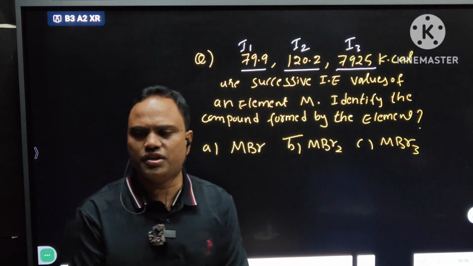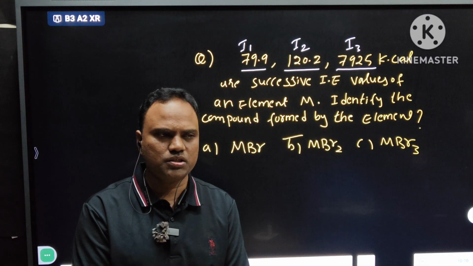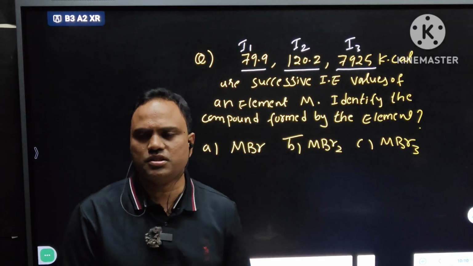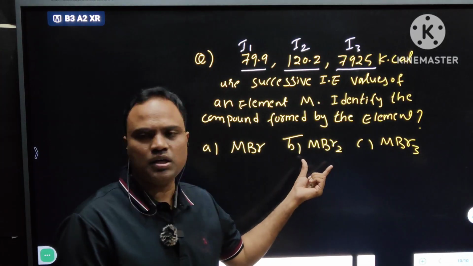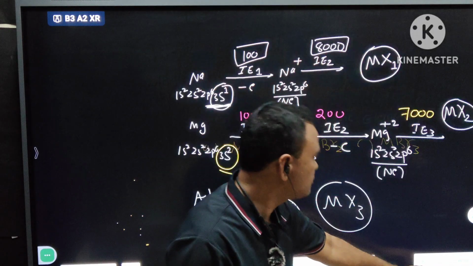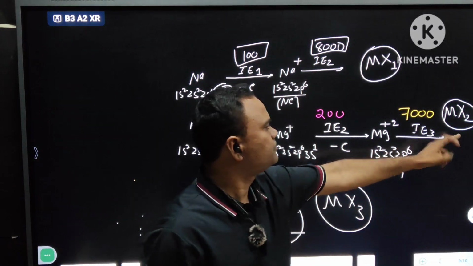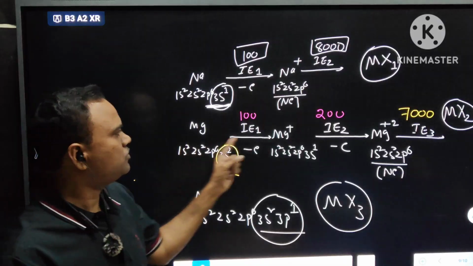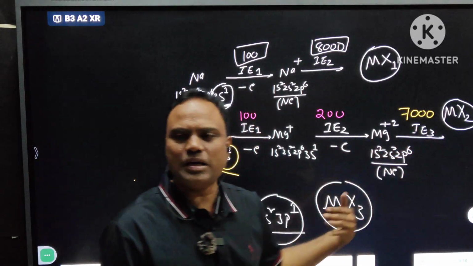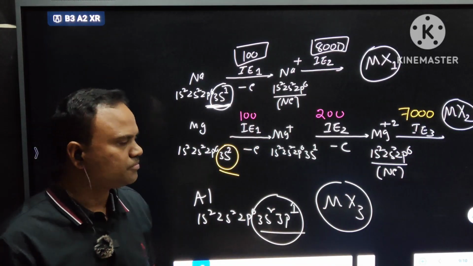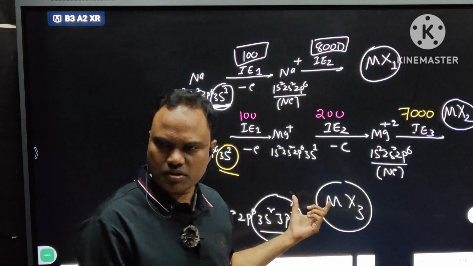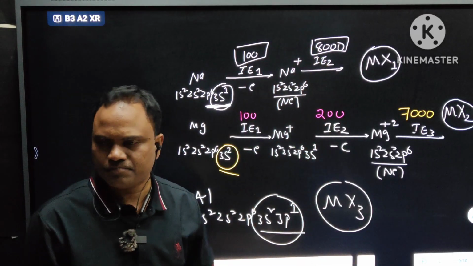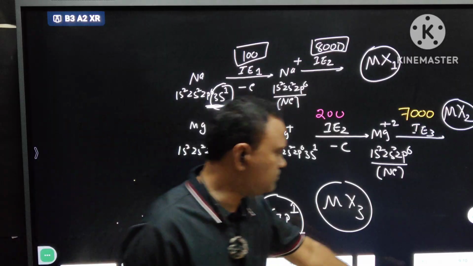The third ionization energy is very high. If the third ionization energy is very high, the compound formula is MX2. Correct or not? So an MX2 type compound means MBr2. Remember this. Prepare this by heart. Clear? Right. Questions will come based on these three only. Okay? Right.